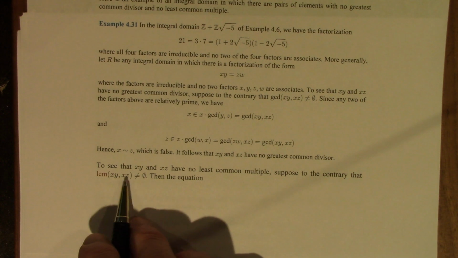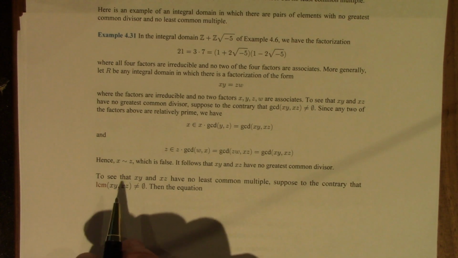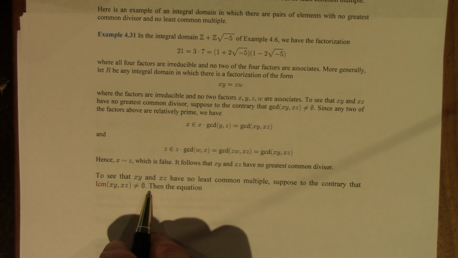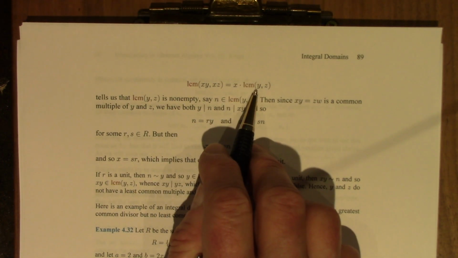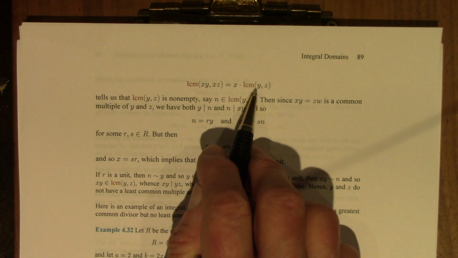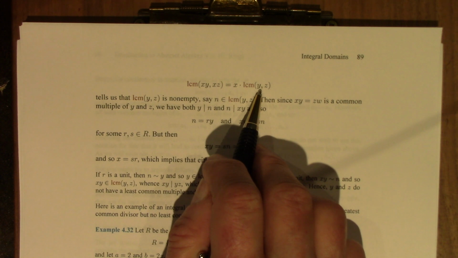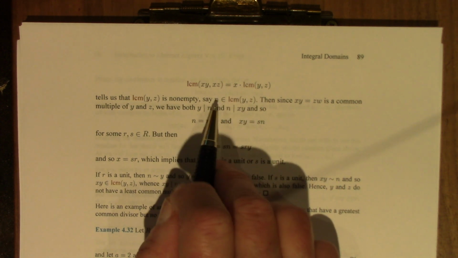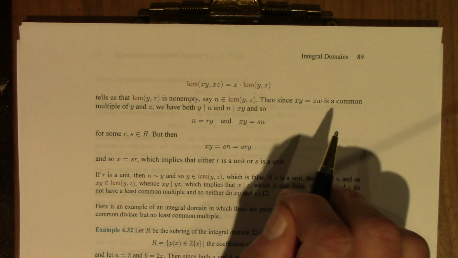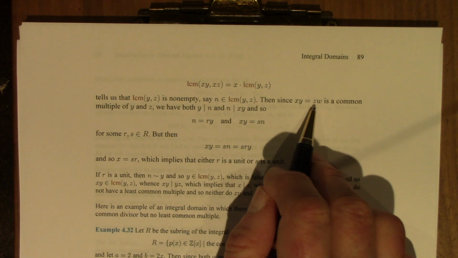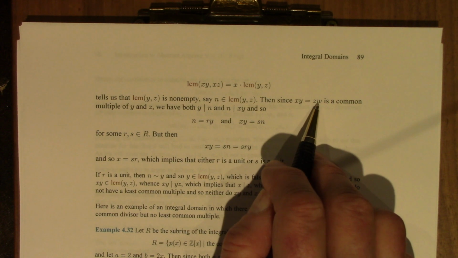To see that these two elements have no least common multiple, again, suppose to the contrary that this set is non-empty, then we have this equation. And since we're assuming this is non-empty, we know this is non-empty. So take an n in the least common multiples of y and z. This element is a common multiple of y and also a common multiple of z.